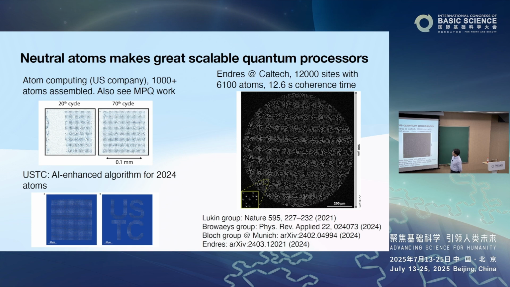Manuel Endres' group at Caltech in the US, they have trapped 6,100 atoms. This is phenomenal in terms of scale, and there's still more work in order to remove the entropies, because these atoms are filled randomly into the optical tweezers. And a Chinese group in USTC used an AI-enhanced algorithm for 2,000 atoms rearrangement in parallel.